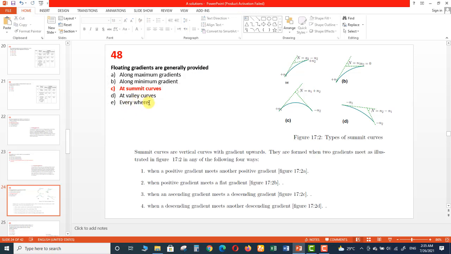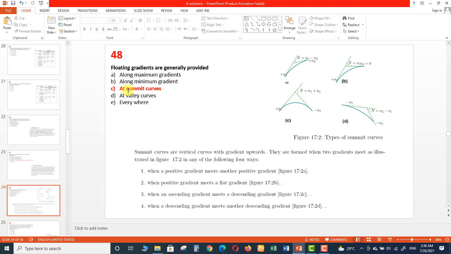We can already eliminate option E, everywhere, because every different kind of gradient has a different purpose and different use. So floating gradient cannot be used everywhere. It has its own purpose and uses. So we can remove it and look into the four remaining options.